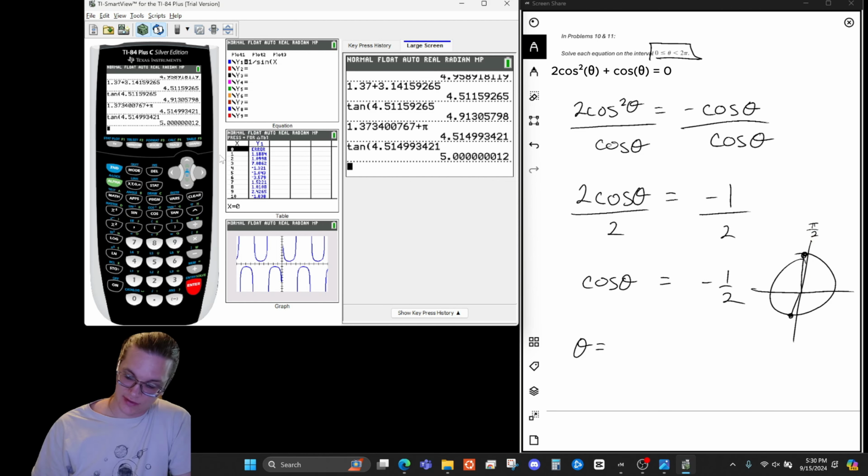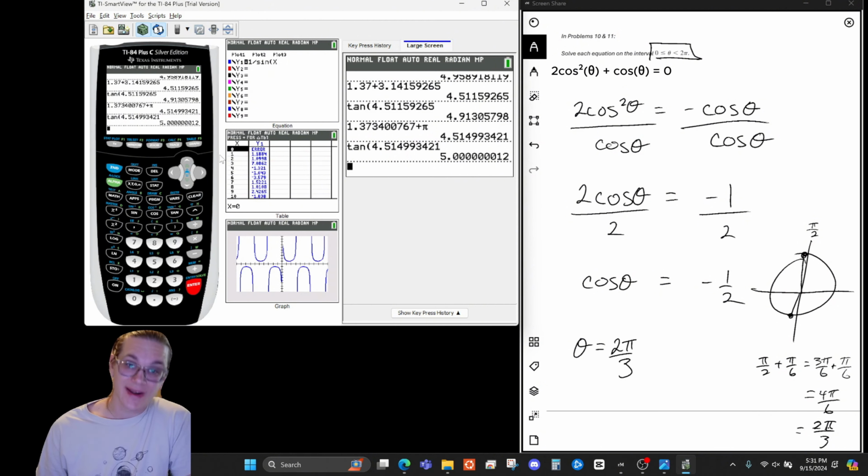So one of the solutions is at 2 pi over 3 right here. And the other's down here, but we're not doing infinite solutions. So the first answer is at 2 pi over 3.